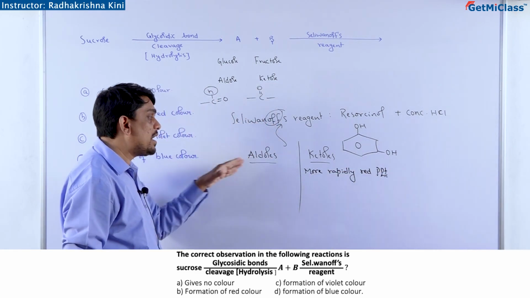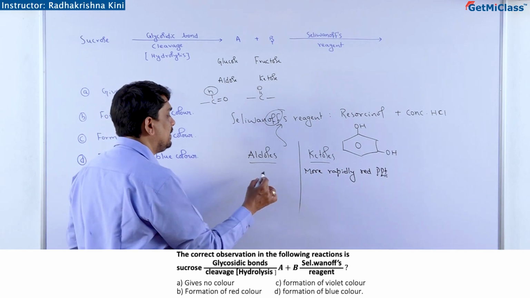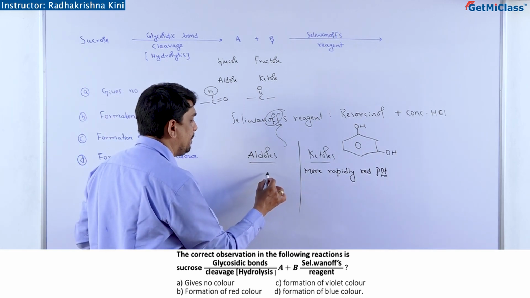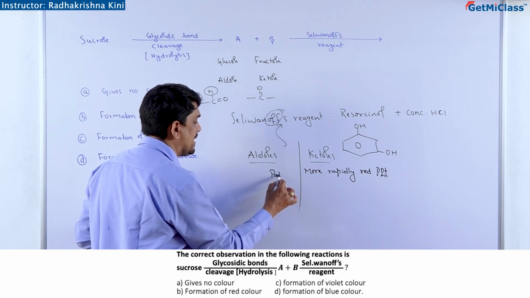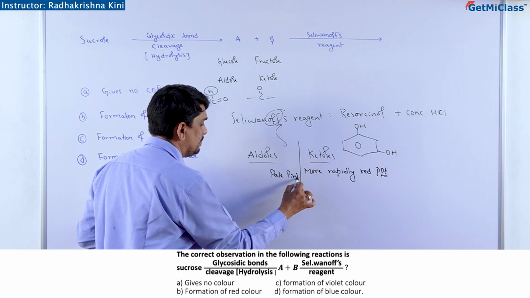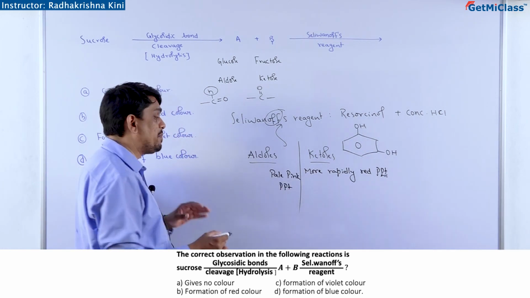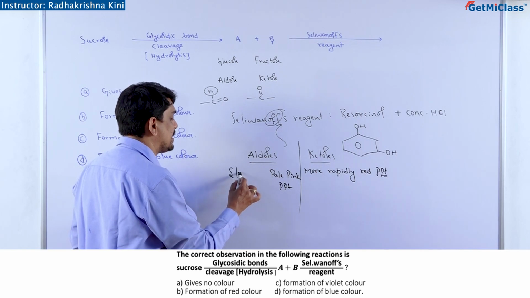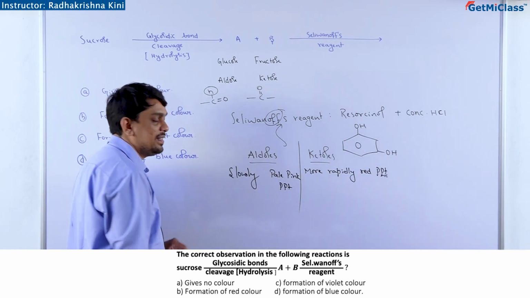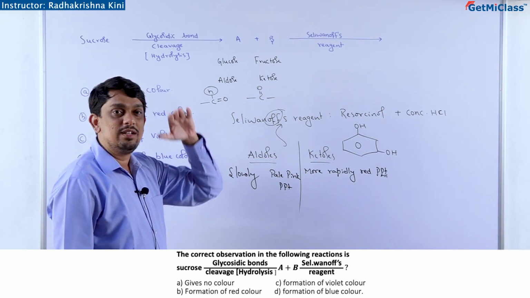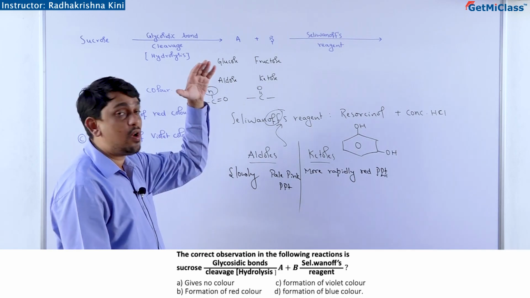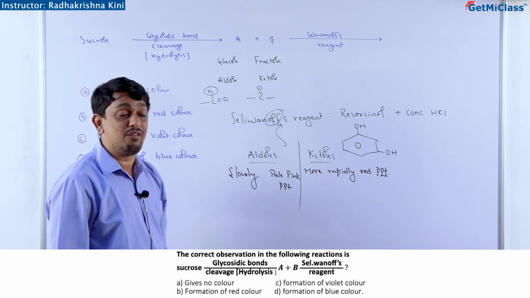In the case of aldoses, you will get the pale pink precipitate. But you will see this appearance of the precipitate takes place slowly. So, when I say off, everything is off, the order of reactivity becomes off.